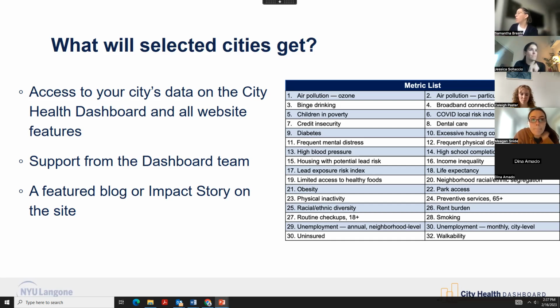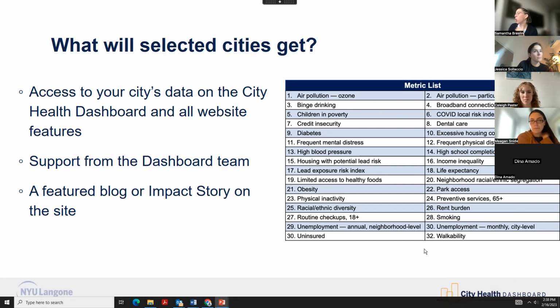So while we only have 32 measures available for the smaller cities, which is a big majority of the data that we do provide, as data becomes available, we will update and provide those measures for the smaller cities. So just because you don't have a certain metric available to you now or this summer does not mean that the data will never be available for you.